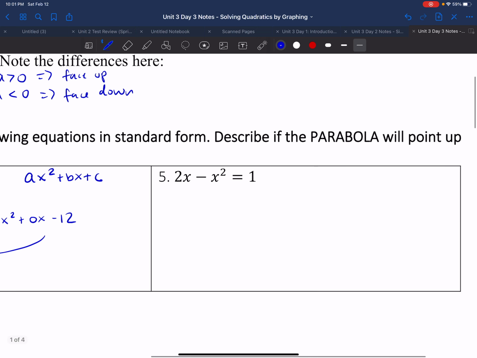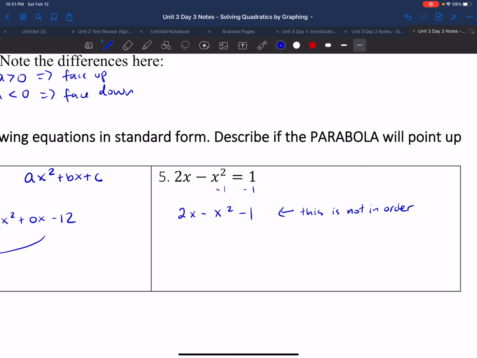Number 5, so we see a 1 on the right side. I'm going to go ahead and subtract both sides by 1, so I'm left with 2x minus x squared minus 1, but this is not in order. So I need to rearrange this. I want to make sure that I have this x squared in the front, and there's a negative there.